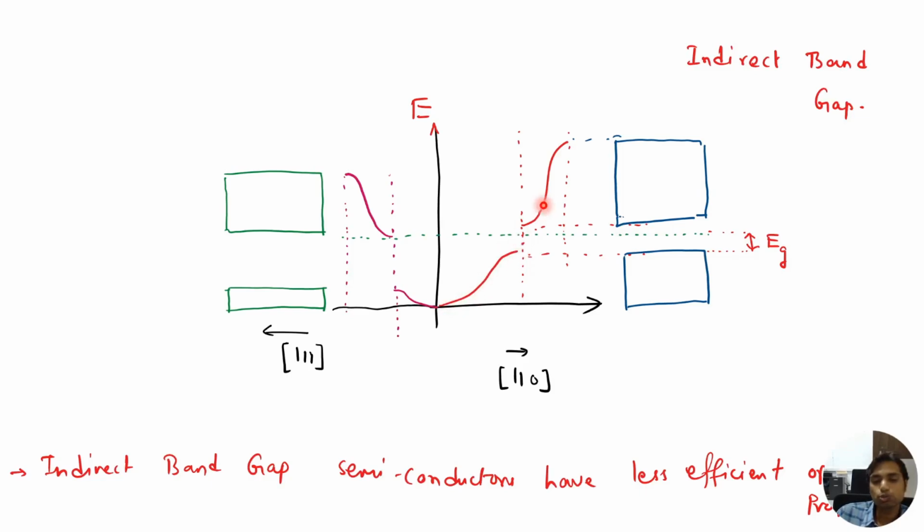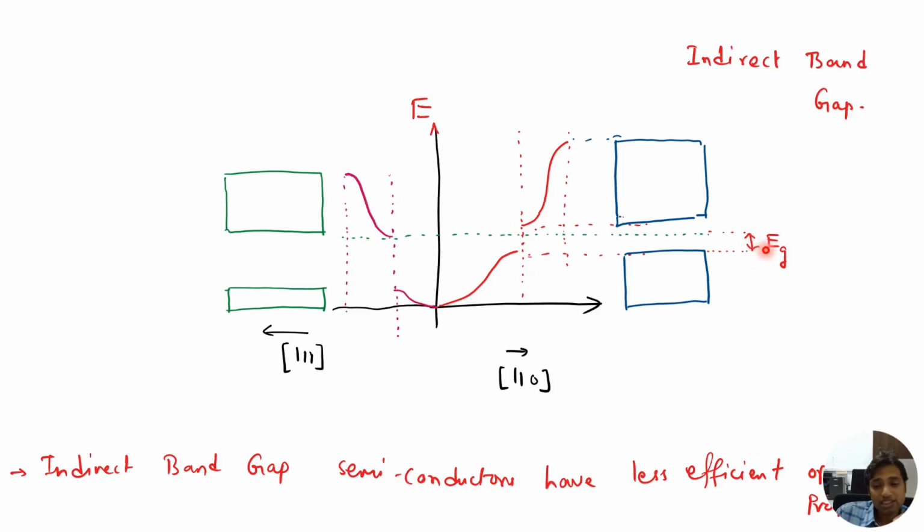So these are your two bands, let's say, along the 110 direction, and in the other direction, if you plot, it looks something like this. If you plot the band, you see the next immediate band, this green color band.